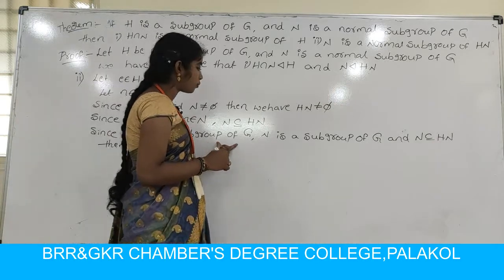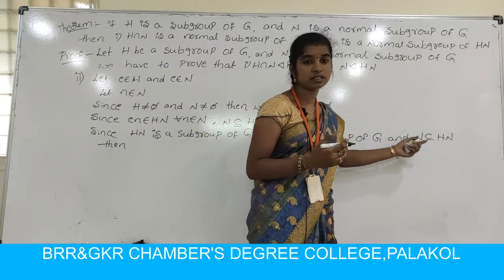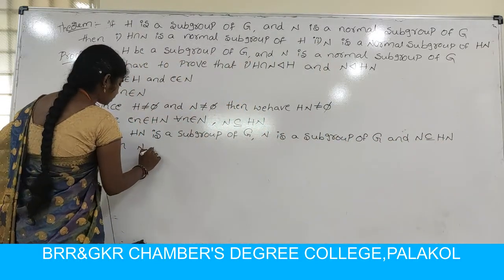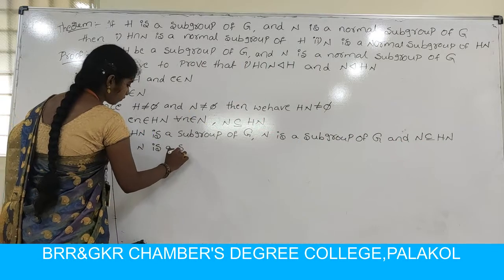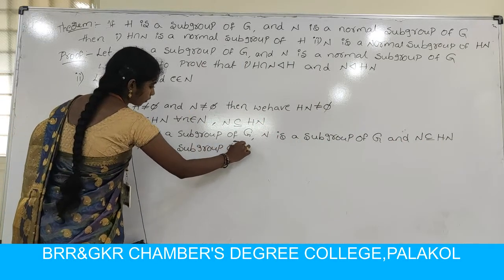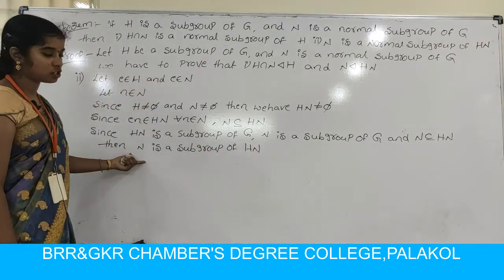So HN is a subgroup of Z, N is a subgroup of Z, and N is contained in HN, which means N is a subgroup of HN.